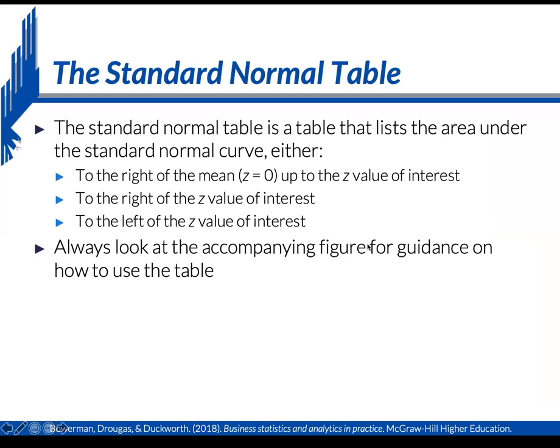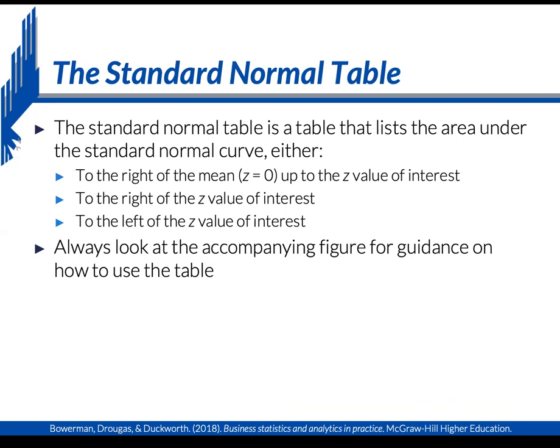Now, a commonly used tool to determine probabilities involving the standard normal distribution is called the standard normal table. A standard normal table is a table that lists areas under the standard normal curve. But there are different ways the standard normal table is constructed.